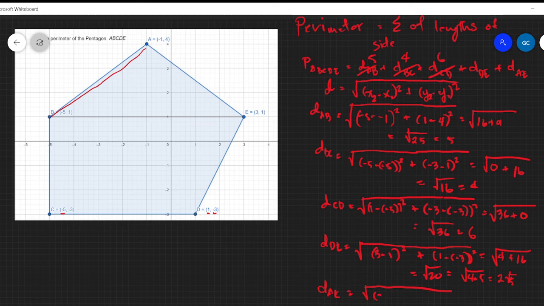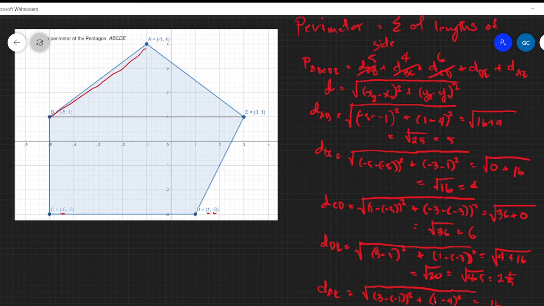So we will have 3 minus negative 1 squared, plus 1 minus 4 squared. So this will be positive 1, so 3 plus 1 is 4. 4 squared is 16.